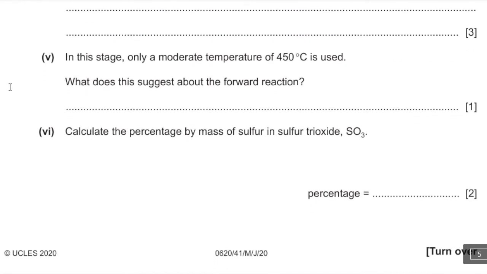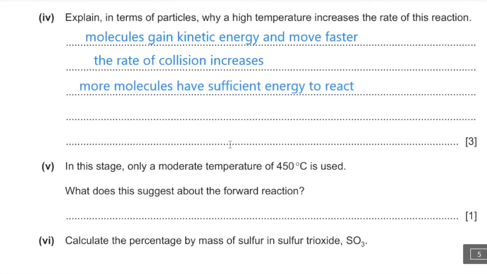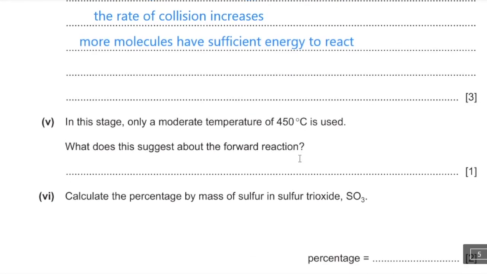Five, in this stage, only a moderate temperature of 450 degrees Celsius is used. What does this suggest about the forward reaction? So despite the fact that a higher temperature can be used to increase the rate of a reaction, only a 450 degrees Celsius temperature is used, which is relatively lower.